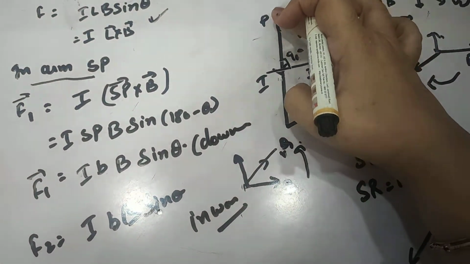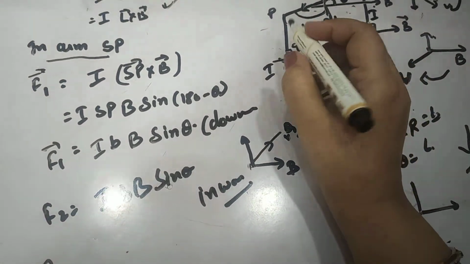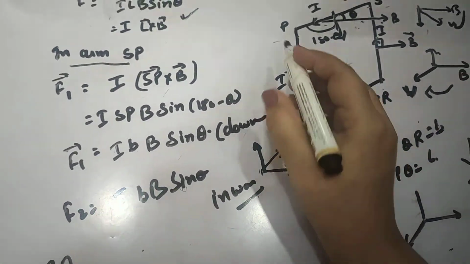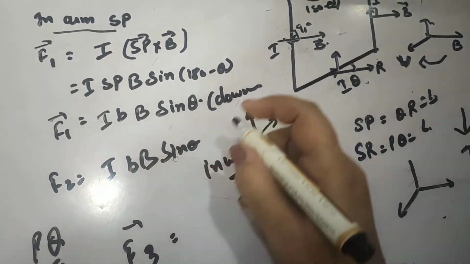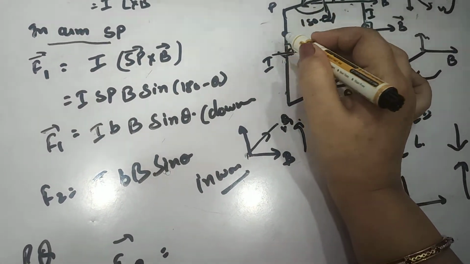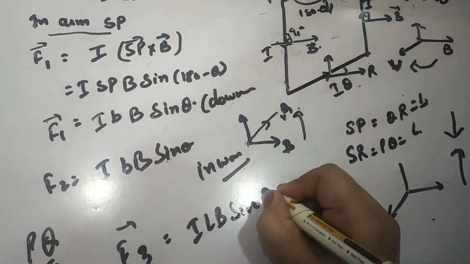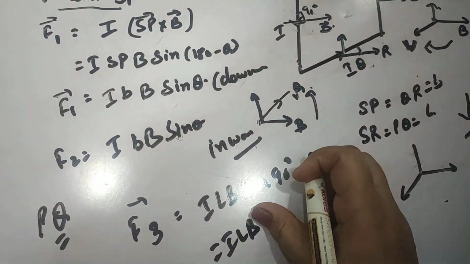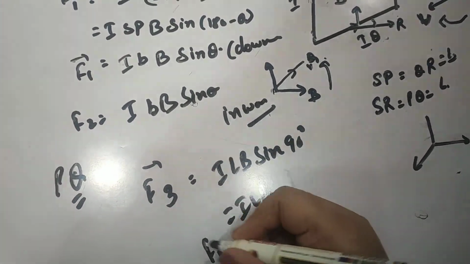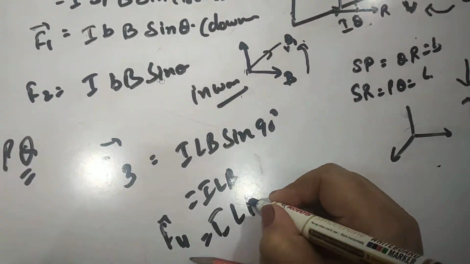Now talking about the PQ arm, suppose this is F3. F3 is given by, the length is L, so this will be ILB sine 90 degrees, that is ILB only. And F4 similarly will again be ILB, the magnitude is the same.